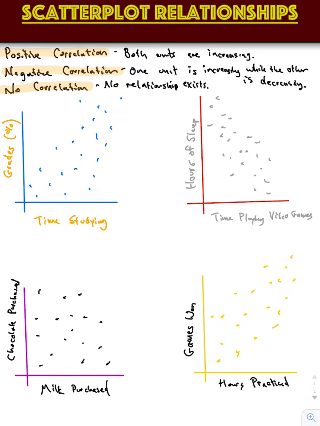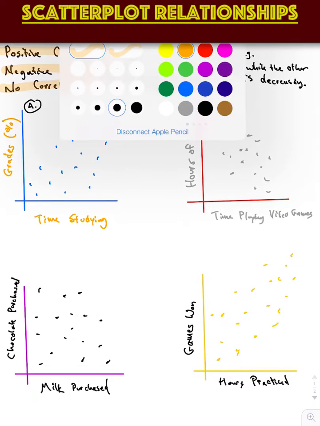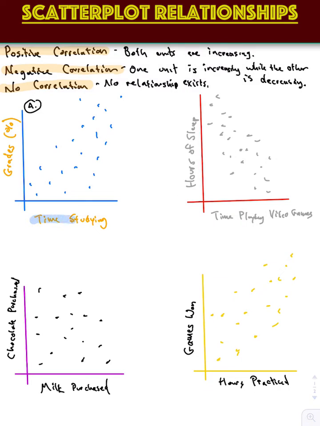So I have a couple scatter plots in front of you, and basically what we want to determine is if there is a relationship between two units that are present. If I look at my first graph here, called graph A, we have two units present, and they are time studying and the grade, or the percent that you get on a test.